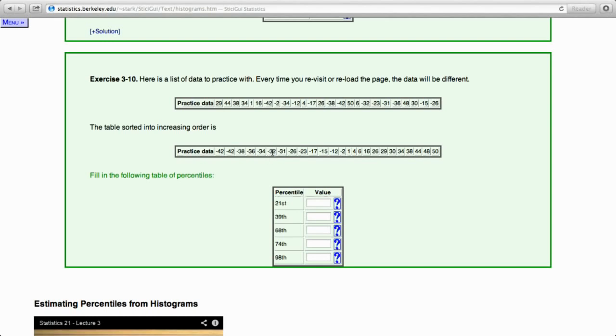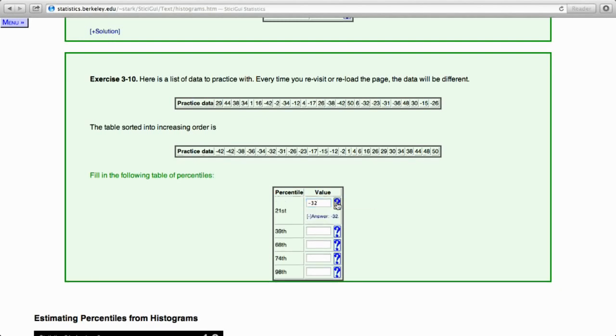I take the next one up, minus 32. That's what my rule tells me to do. Now I'm going to plug it in to your textbook. And are we ready for this? Are we ready to see what the textbook says? Yay, got it right. So I think you are more than capable of filling out the rest of this table, don't you think? I'm glad you agree. Have fun.